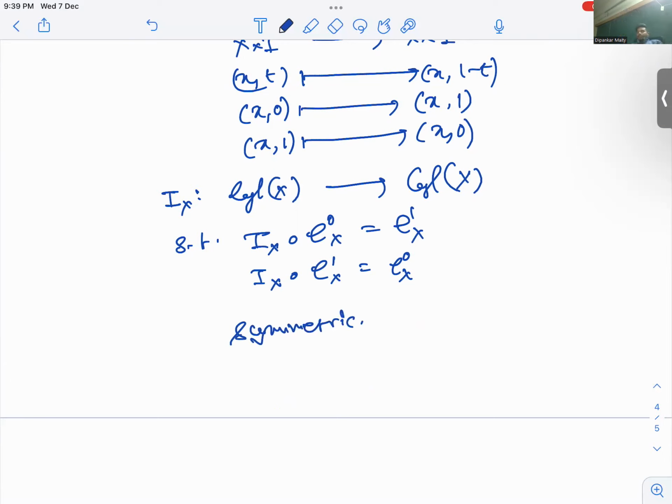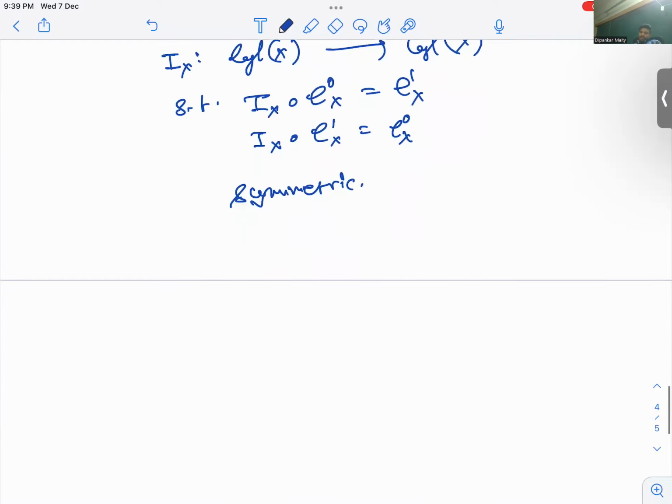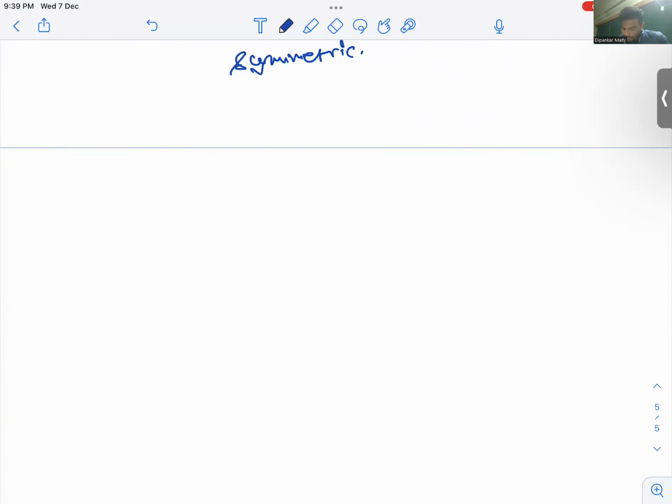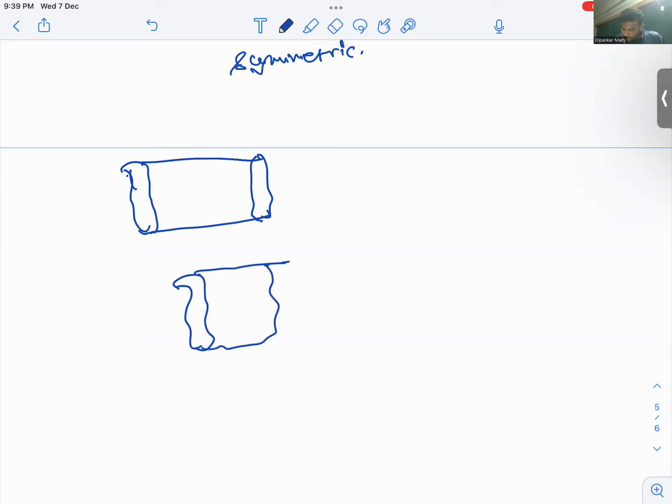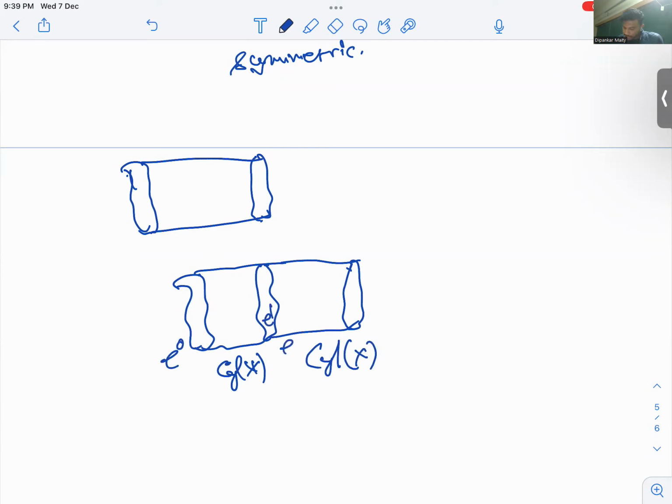And how about transitivity? The transitivity in the case of topological spaces came from the fact that you could break down a cylinder at the middle into two different cylinders. If you take this cylinder and break it down in the middle, then you get two cylinders: this is one cylinder on X, and this is another cylinder on X. This is the left hand point e0, this is e1, and for this cylinder, this is e0.